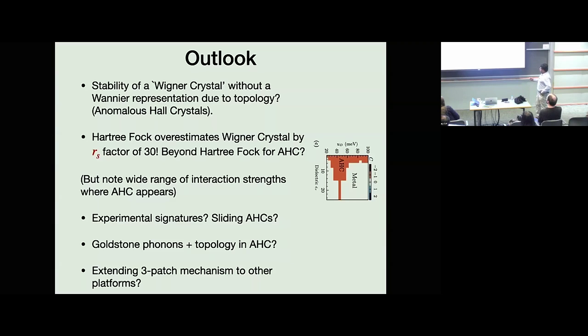You can also talk about the experimental signatures. If you have a sliding anomalous Hall crystal, what does that give rise to? And can we extend this 3-patch mechanism to other platforms? But maybe I'll stop over here.